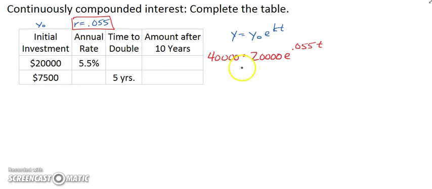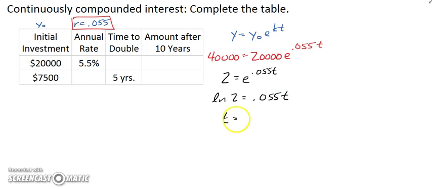You could divide both sides by 20,000, which will just give you 2 equals e to the 0.055 t. And then you could do ln of both sides. Ln of the right side would just be 0.055 t.